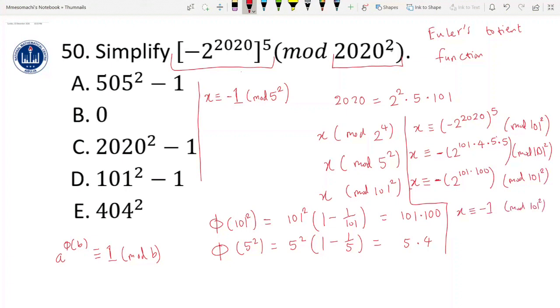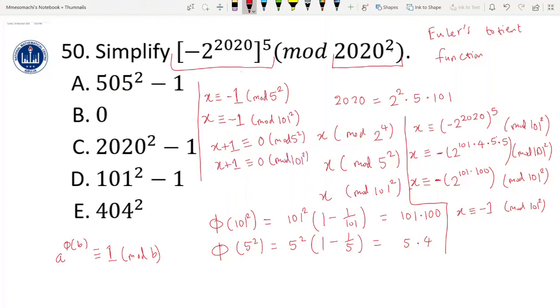mod 101 squared. Okay, so it means x is congruent to negative 1 mod 101 squared. Now quickly, what can we get from here? Quickly, we can see that x plus 1 is congruent to 0 mod 5 squared, and x plus 1 is congruent to 0 mod 101 squared.